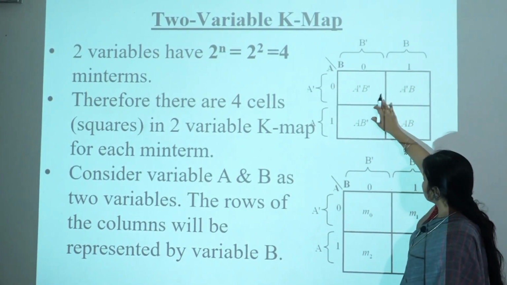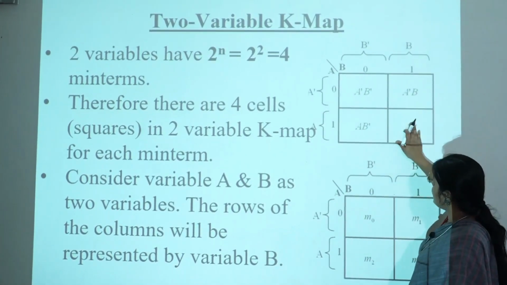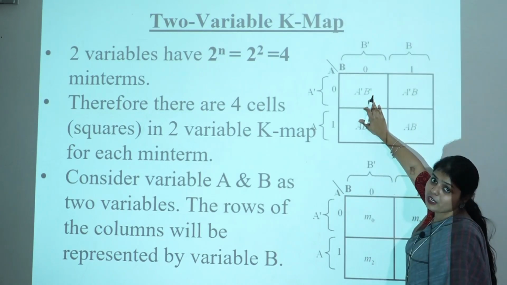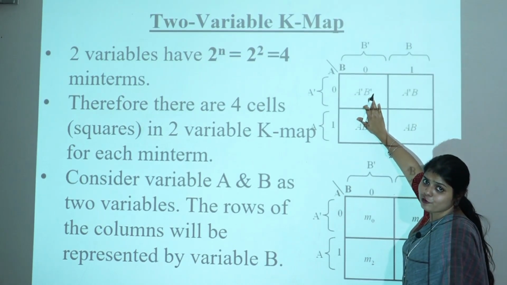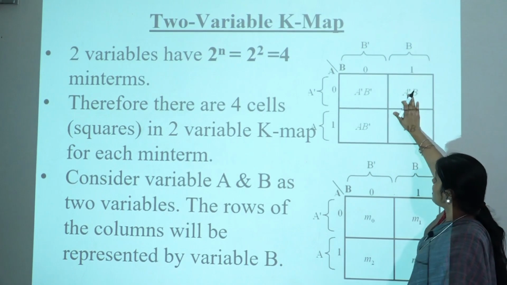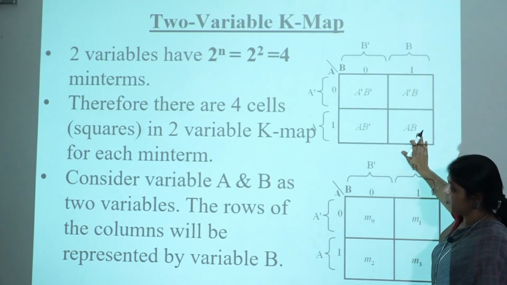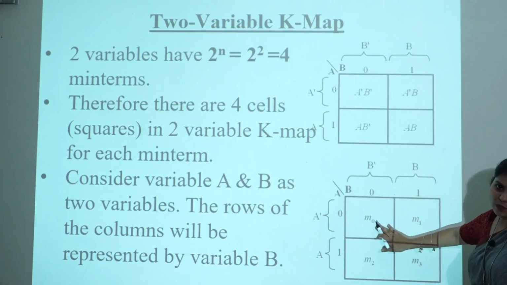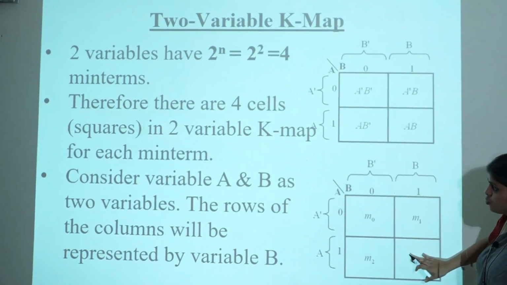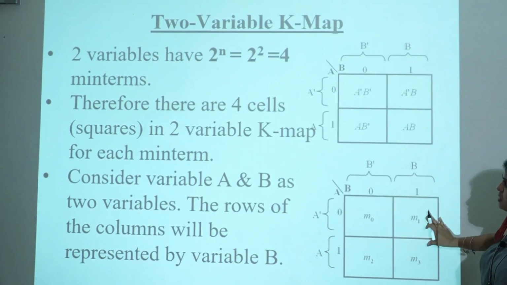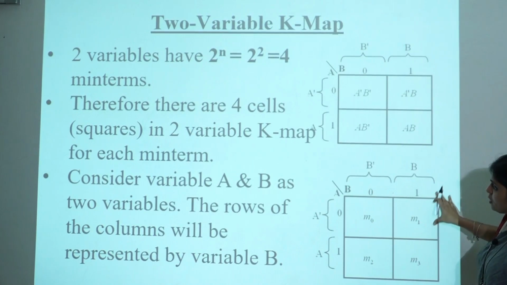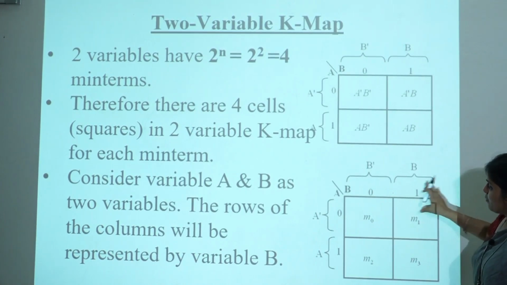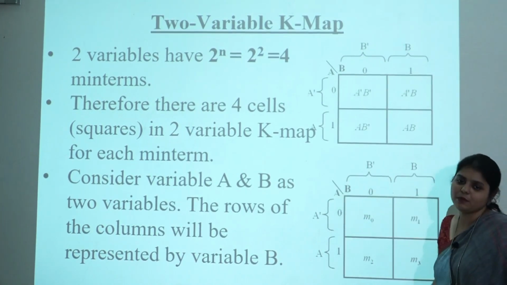Here you can represent them as 0, 1, 2, 3, or you can also represent them as A bar B bar, A bar B, A B bar and AB for product terms. Also you can represent with minterms M0, M1, M2 and M3.